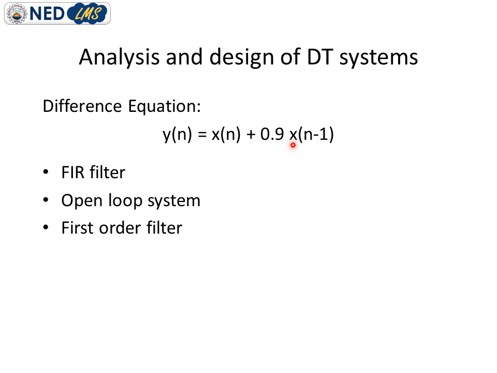Another thing we can tell about this system is its causality or non-causality. So this system is a causal system. That is, it is delayed but it cannot be advanced, because n minus 1 is used, neither n plus 1. So this system is a causal system. This system is a dynamic system.